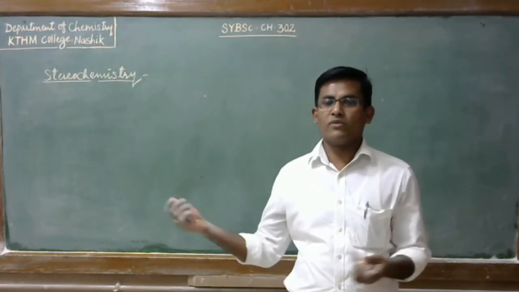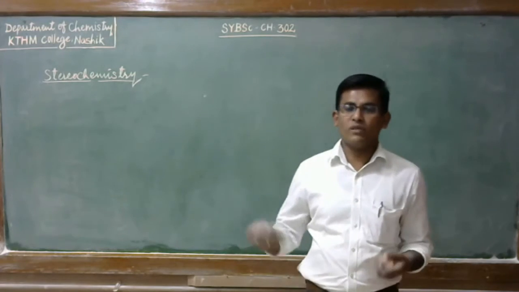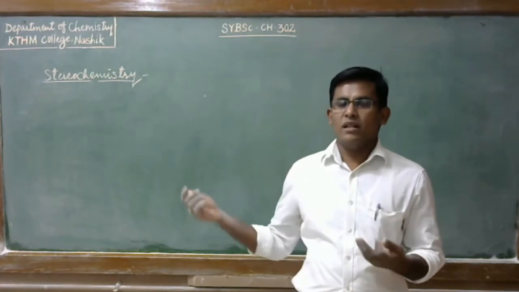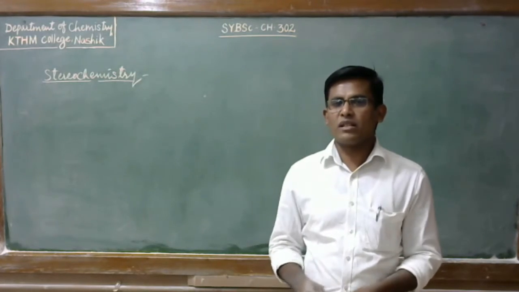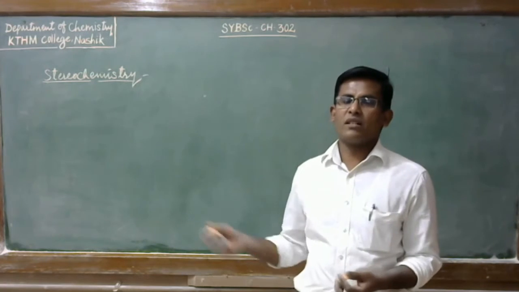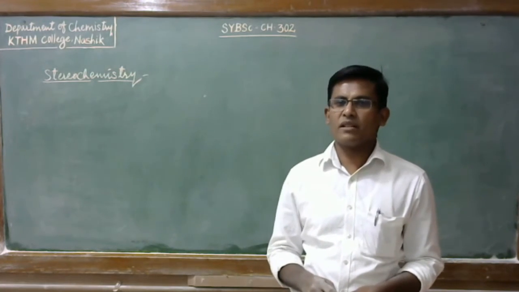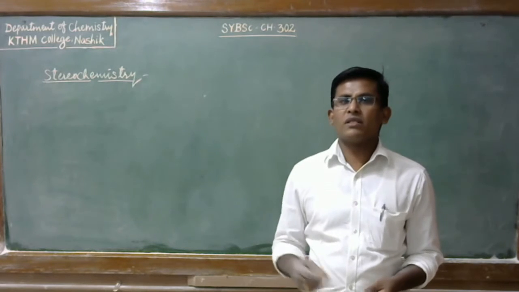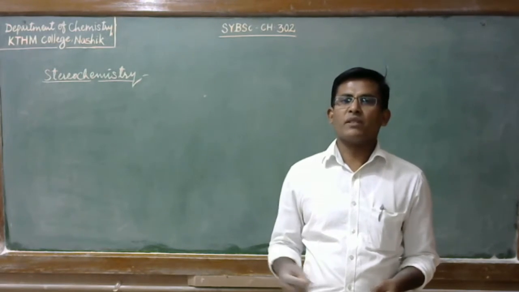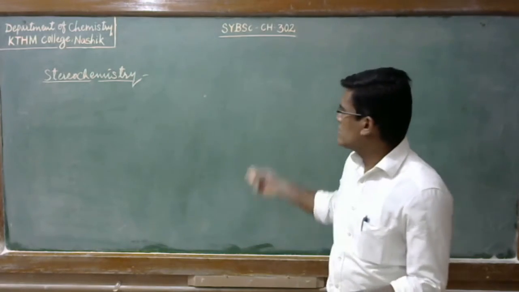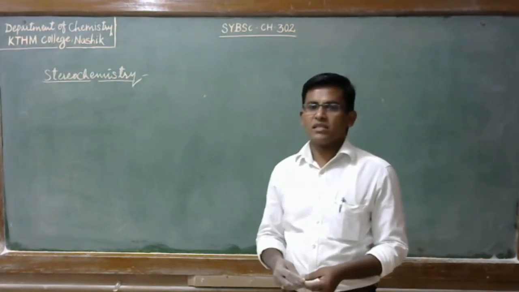So it could give 50% retention product and 50% inversion product if we start with a chiral substrate. However, sometimes the inversion product will be more as compared to the retention product. So let us have an example. We will see the stereochemistry.